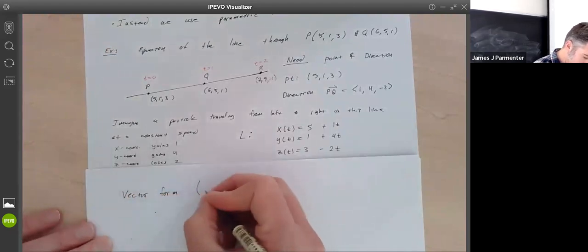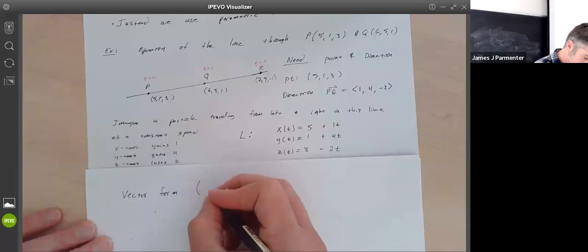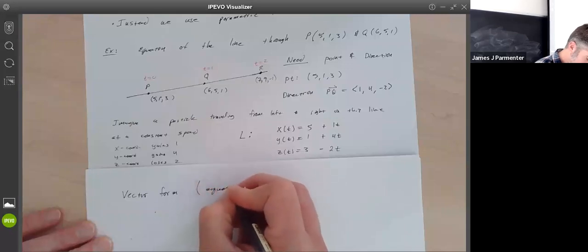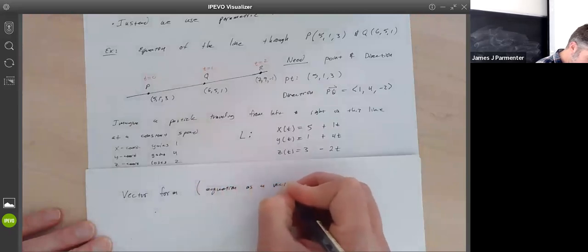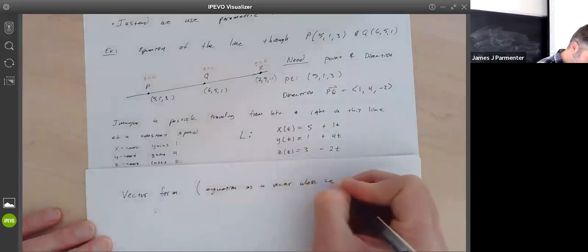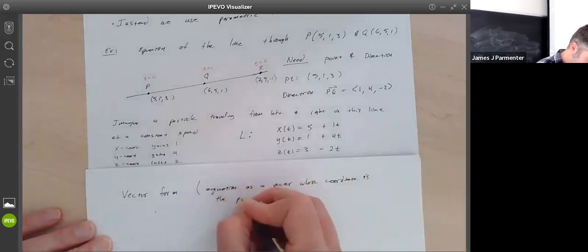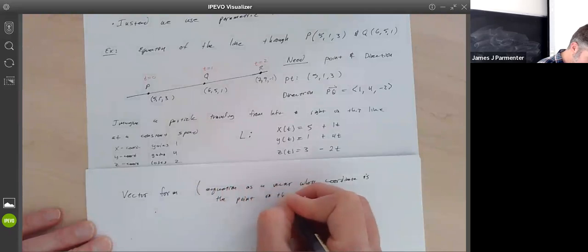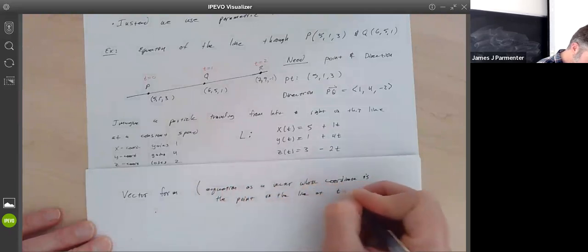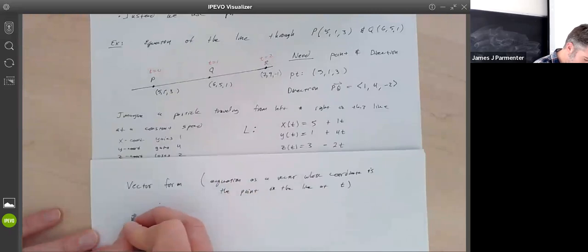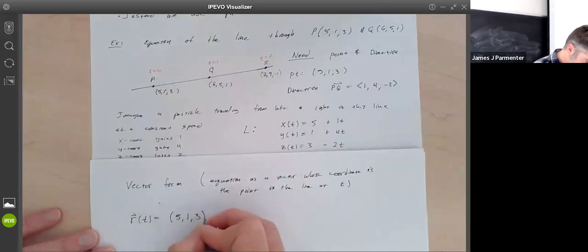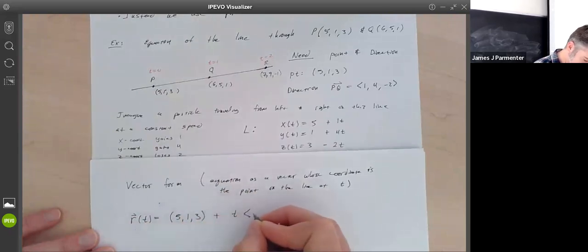Basically, we're writing the equation as a vector whose coordinate is the point at time t. This is the point on the line at t. So we can write this as r of t equal to the point 5, 1, 3 plus t times the vector 1, 4, -2.